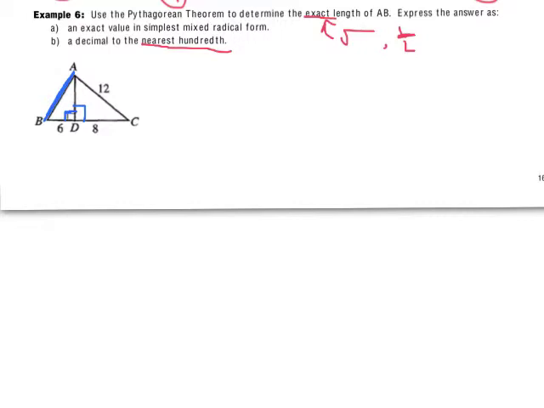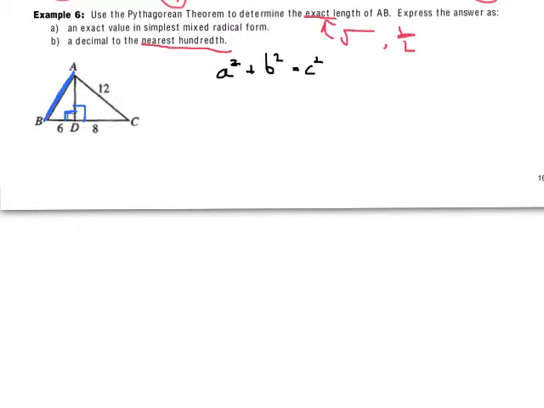So using Pythagoras, the Pythagorean theorem, I should say, is A squared plus B squared equals C squared.